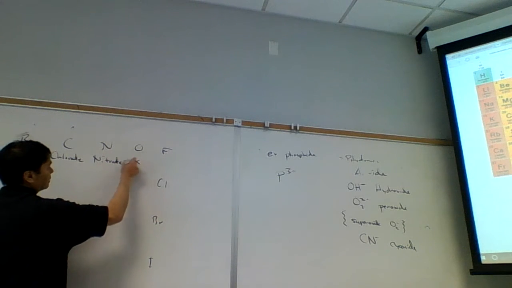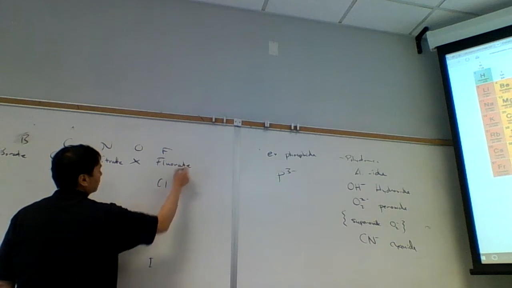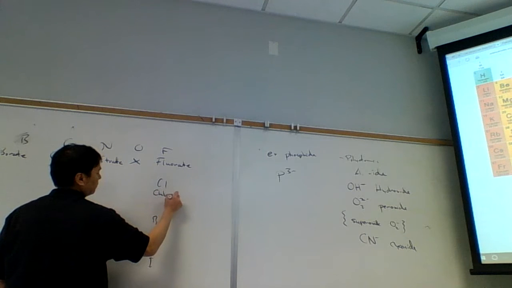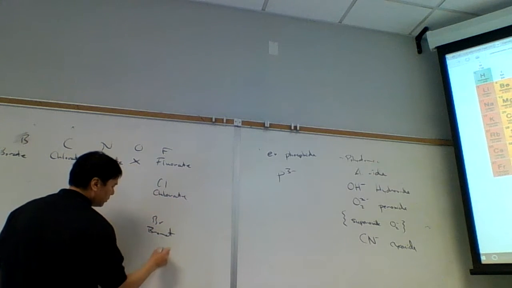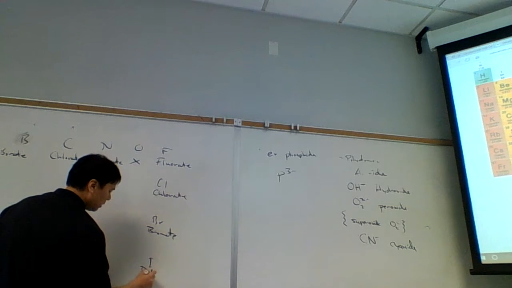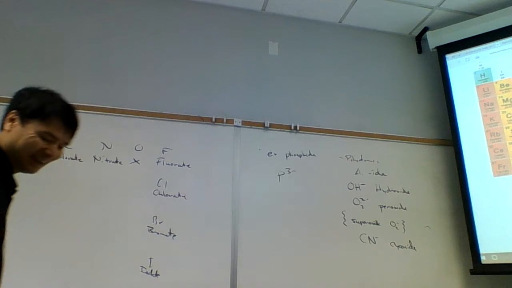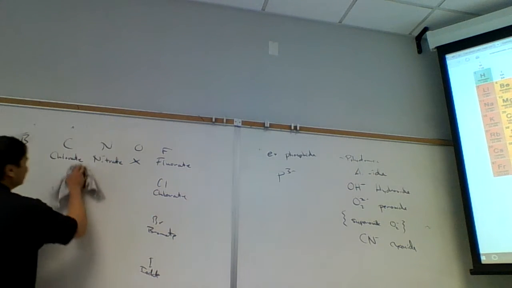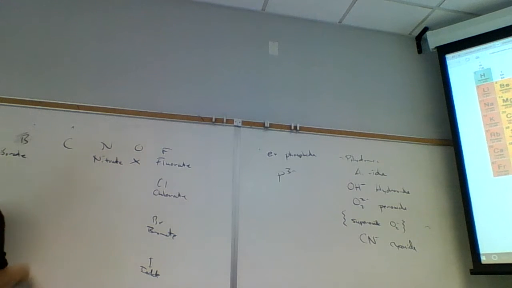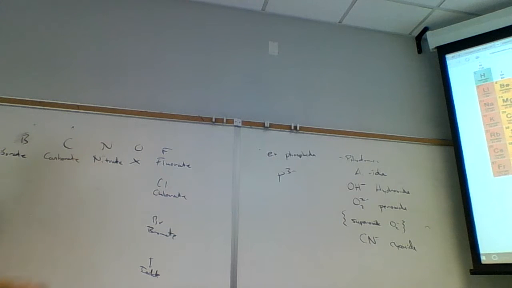There's no oxide. We have fluorate, chlorate, bromate, and iodate. Isn't the carbon carbonate? Yeah. Carbon's carbonate. Thanks. Carbonate. Borate, carbonate, nitrate. All right.